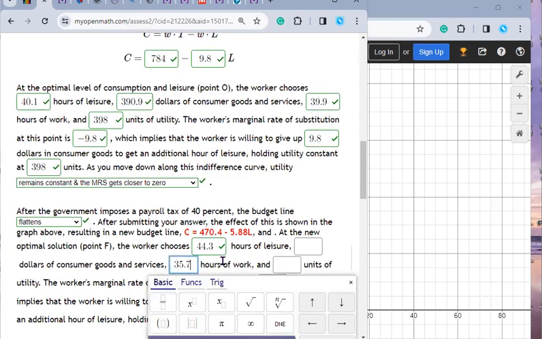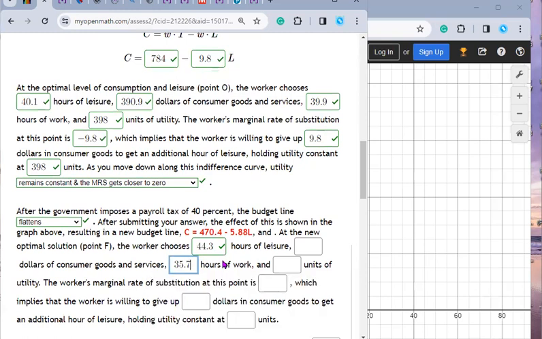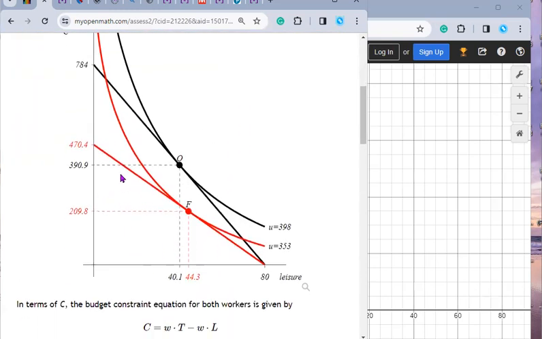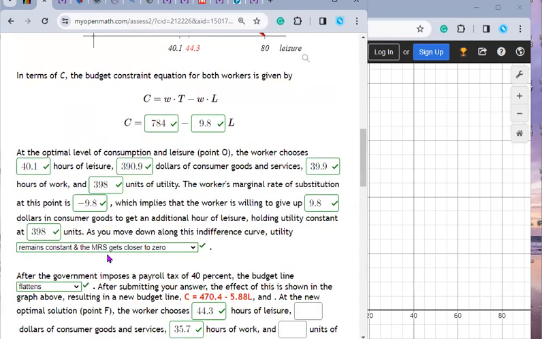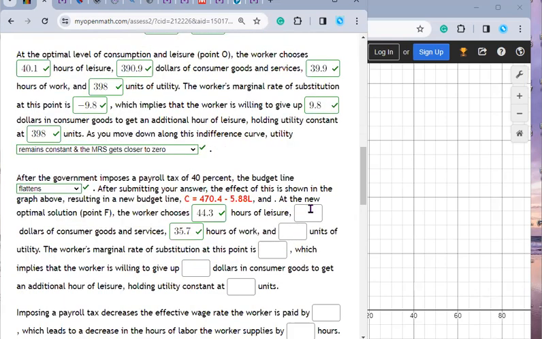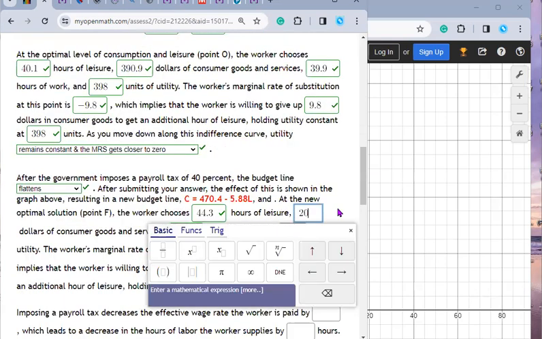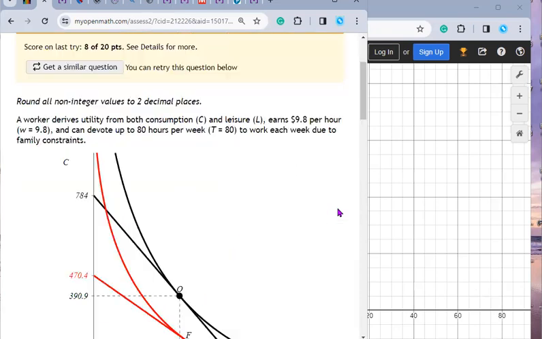So the person works 35.7 hours, right? The consumer goods are, sorry, the person at this point F, the final optimal solution, the consumption level is $209.8, right?